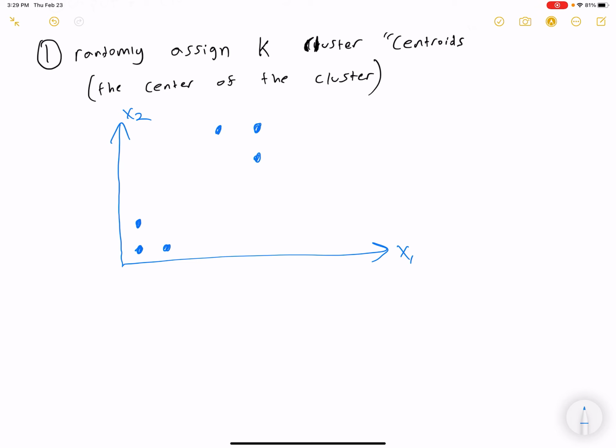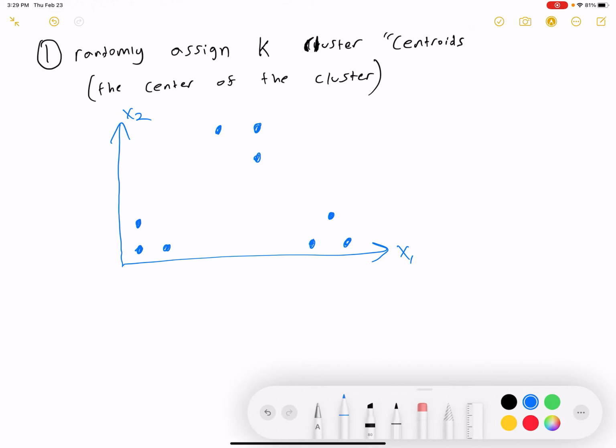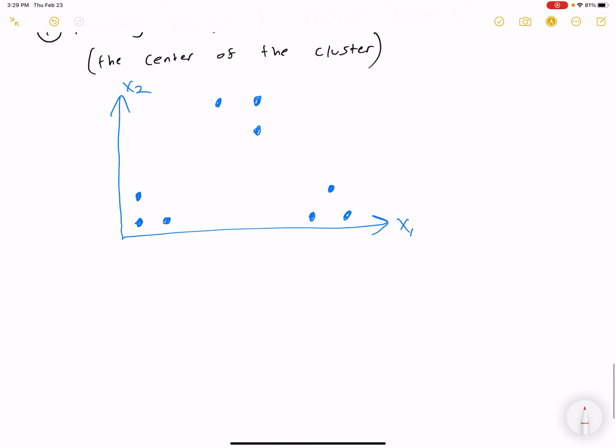I'm just gonna make it super obvious what the end cluster should be. Let's say we start with that data set. So the first step might be to randomly initialize our centroids. So that random initialization might be like that. Red is the centroid.